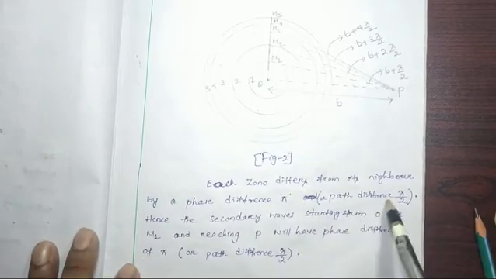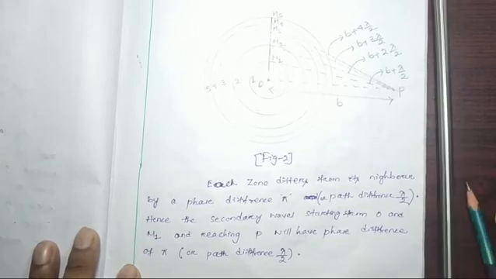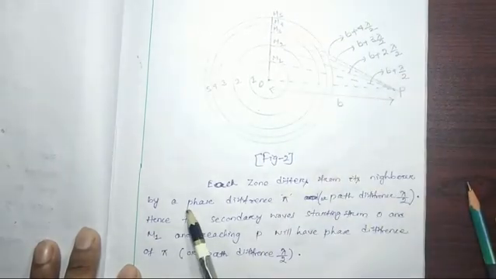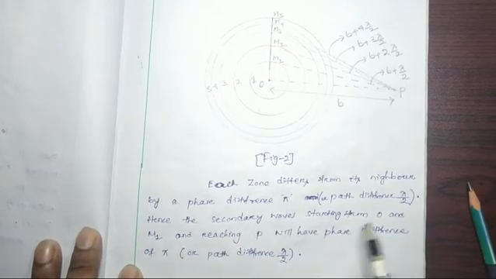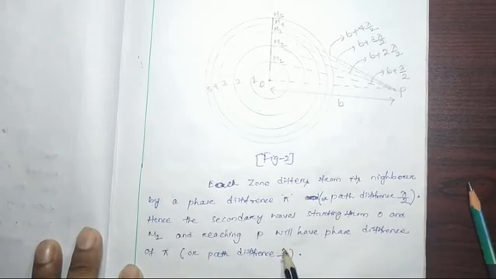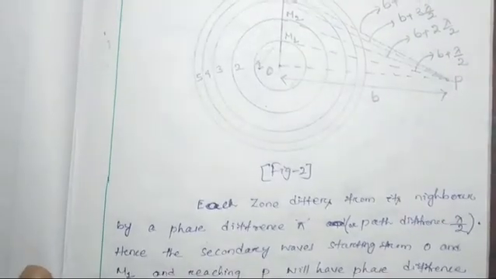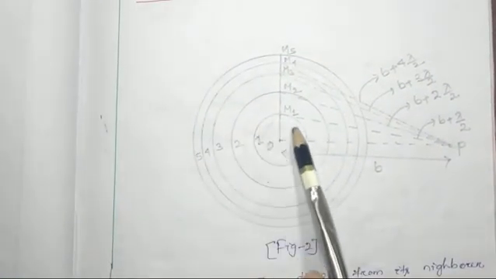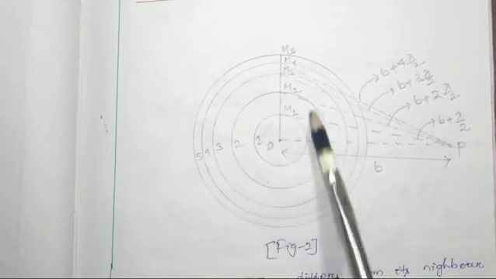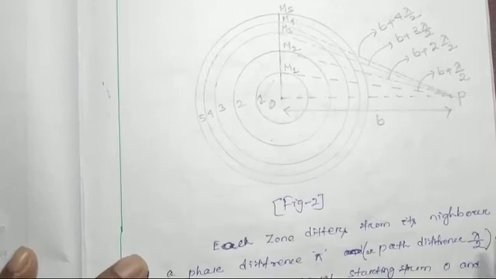The corresponding path difference will be lambda by 2. Hence the secondary waves starting from O and M1 and reaching the point P have a phase difference of pi, or a path difference of lambda by 2. Fresnel accepted that from the first zone to the second zone the phase difference is pi, and the corresponding path difference is lambda by 2.